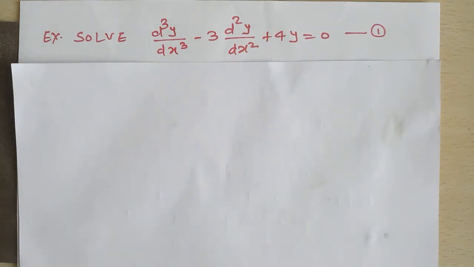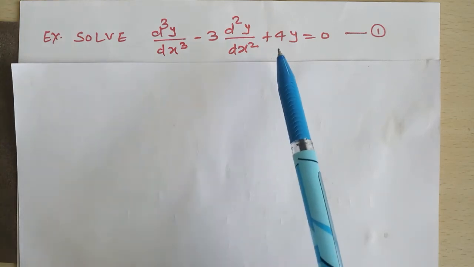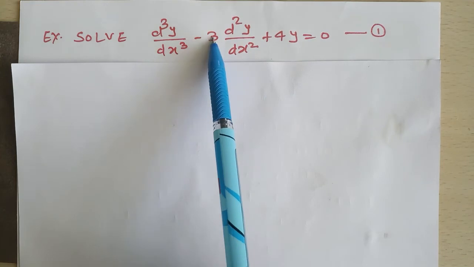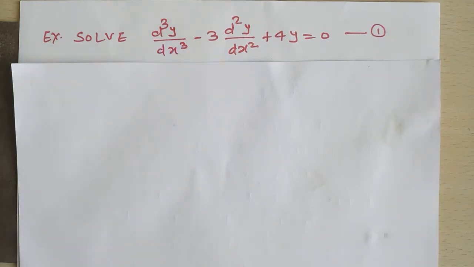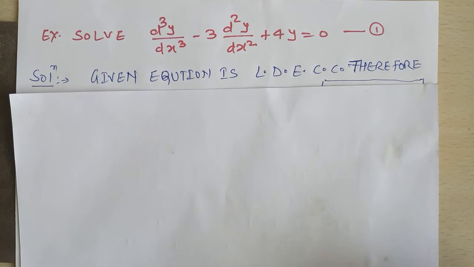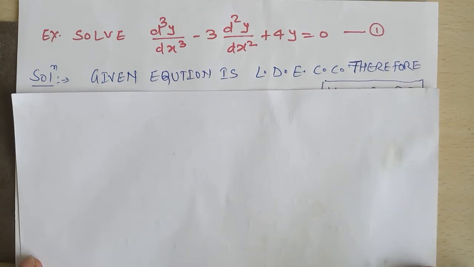So this is a linear differential equation. Further, the coefficients of y and all its derivatives are constant: 4, minus 3 and 1 are constants. Therefore, this is a linear differential equation with constant coefficients. So the given equation is LDECC and therefore its solution is what? y equal to CF plus PI.